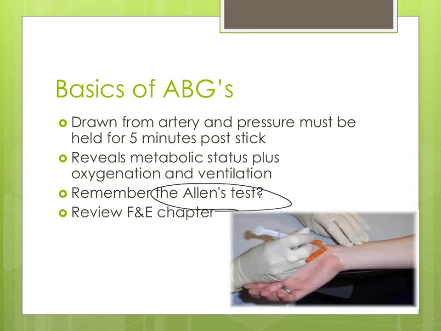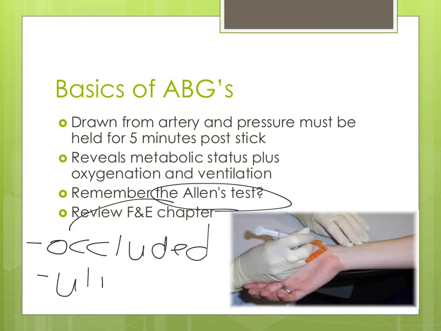And essentially what you do is you occlude both the radial and ulnar artery, and you're going to watch the hand turn pale, and then you're going to release the ulnar artery, and hopefully the hand will pink back up. If this is the case, that's considered a positive Allen's test, and that should be documented on the ABGs.